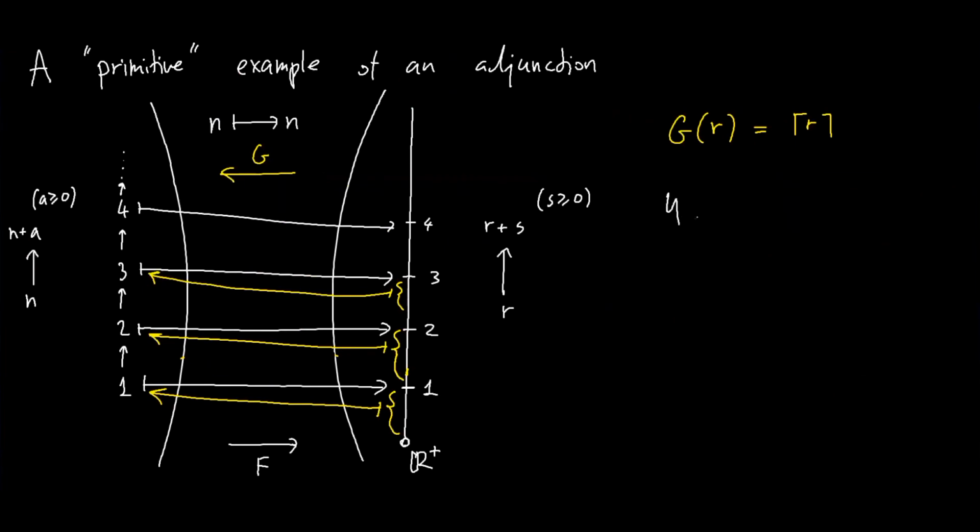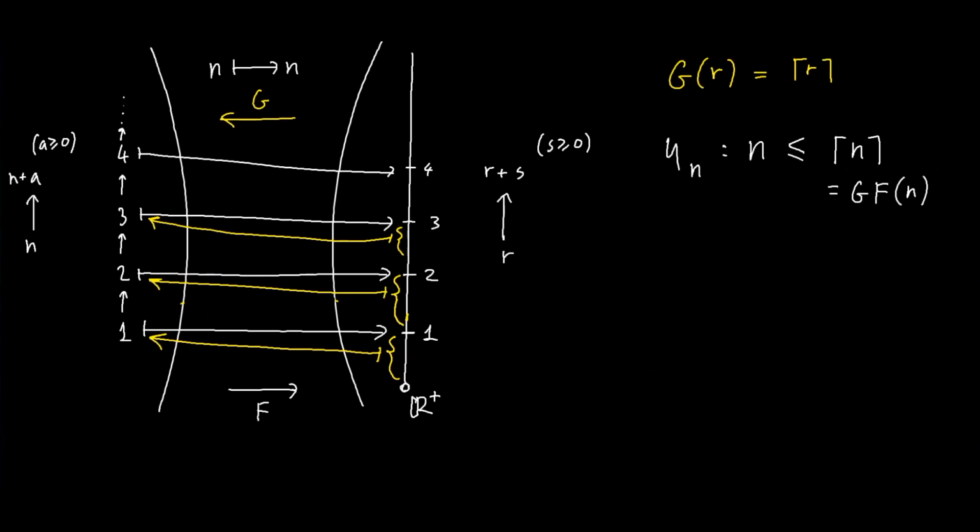So what will eta do? Eta will confirm that if I take a number n, it is indeed less or equal to its own ceiling. In fact, it will turn out to be equal to its ceiling, right? Because ceiling, of course, is the same as g f of n, because f of n is defined as n, right?